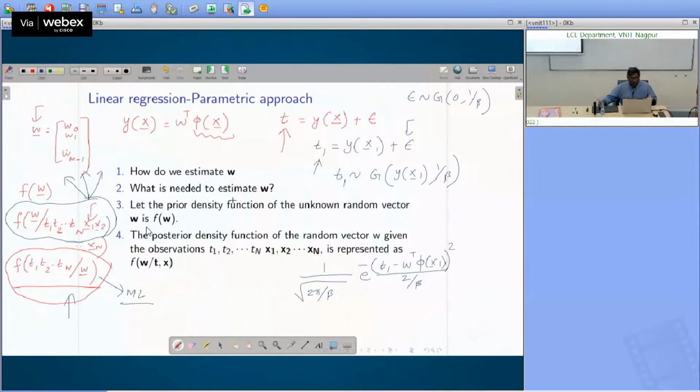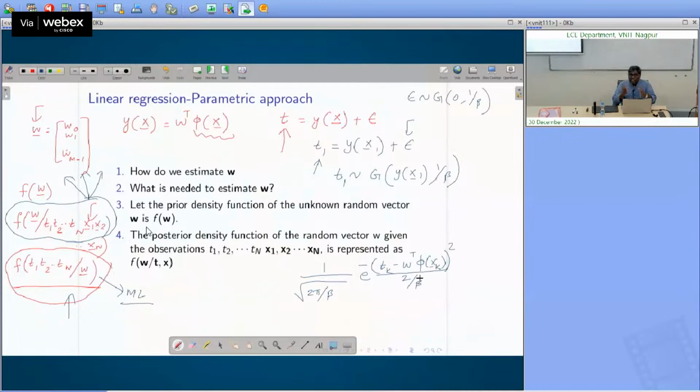Same thing for t2. The only thing that is going to change is that this will change to t2 and x2 here. So in more general, I can put it as k here, for the kth observation. So for the general case it is k here, and here also it is going to be k.